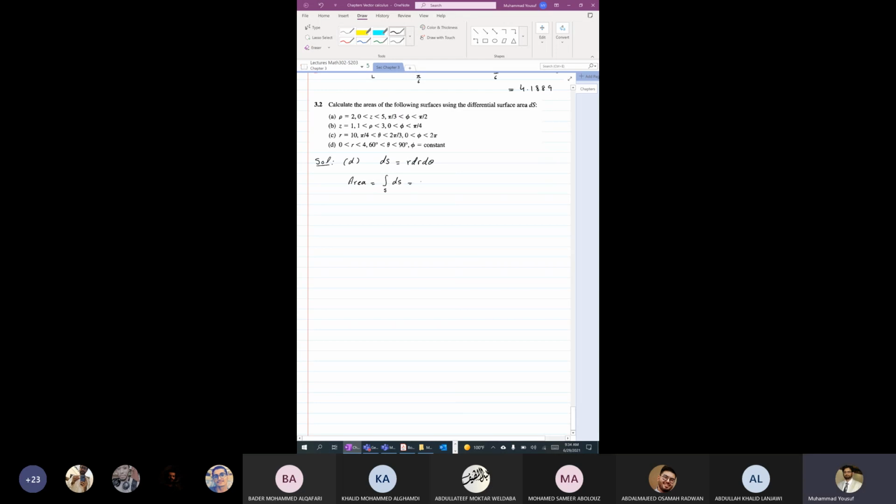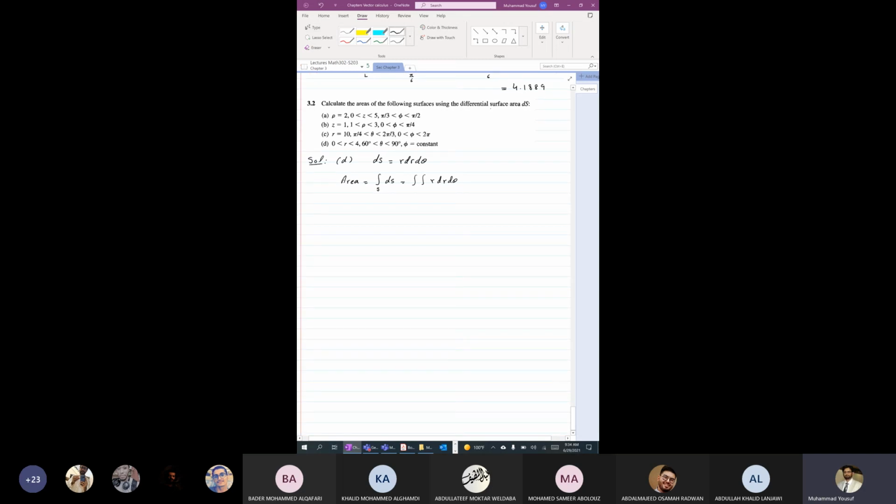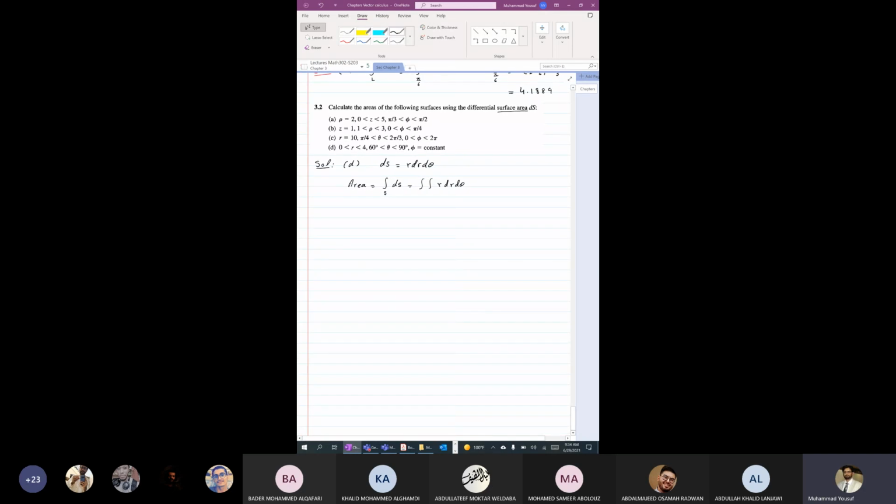and this will give us a double integral. Integrand is 1, so just r dr d theta is left because we are finding the surface area. R is going from 0 up to 4, and theta is going from pi over 3 up to pi over 2. Integral with respect to r is r power 2 over 2 from 0 to 4.